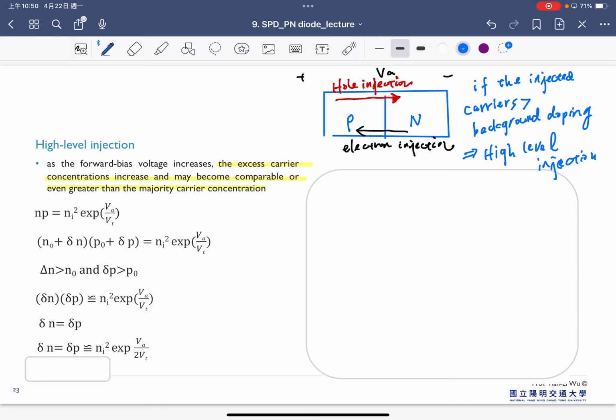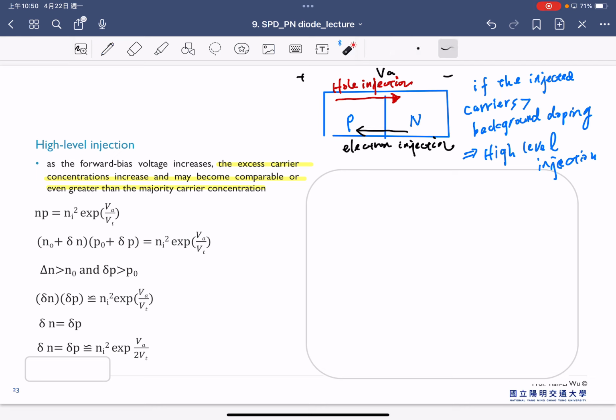So now we also have to consider that high level injection is possible once our minority carriers dominate in the N or P region here.